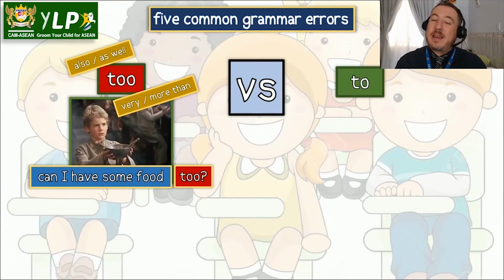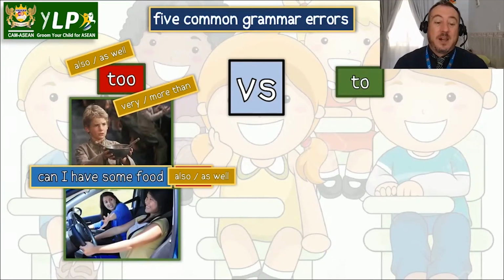Perhaps his friend had some food, or all of his friends had some food, but he didn't have any food. So he's saying, can I have some food too? He could also say, could I have some food also? Could I have some food as well as my friends? They all have very similar meanings.